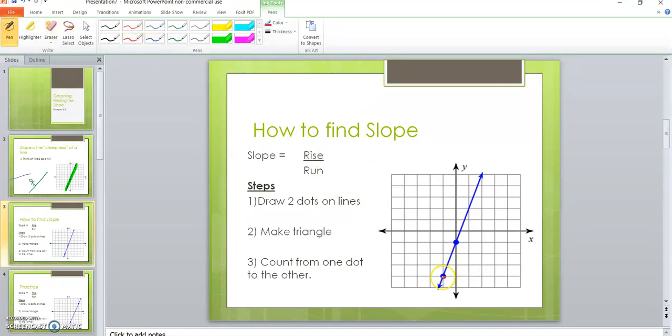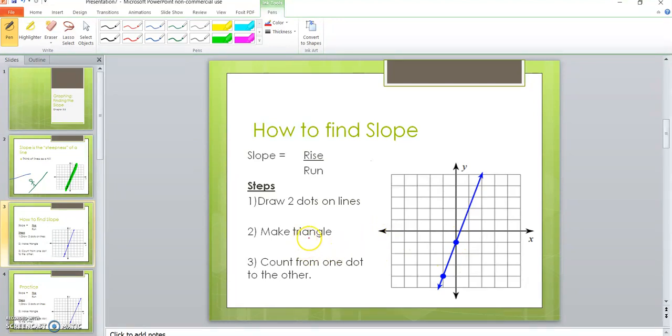So here is an intersection point because it's right along there and right along there. Here's another one. And actually here's another one. Okay. So that is the first thing, is to find out where the points are. Now or the dots. And they've done that for us right here.